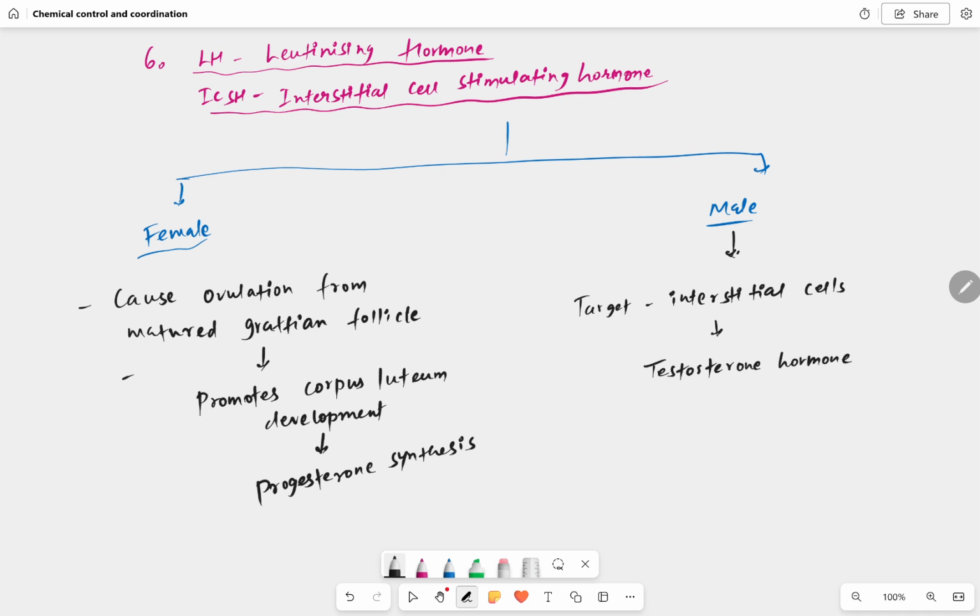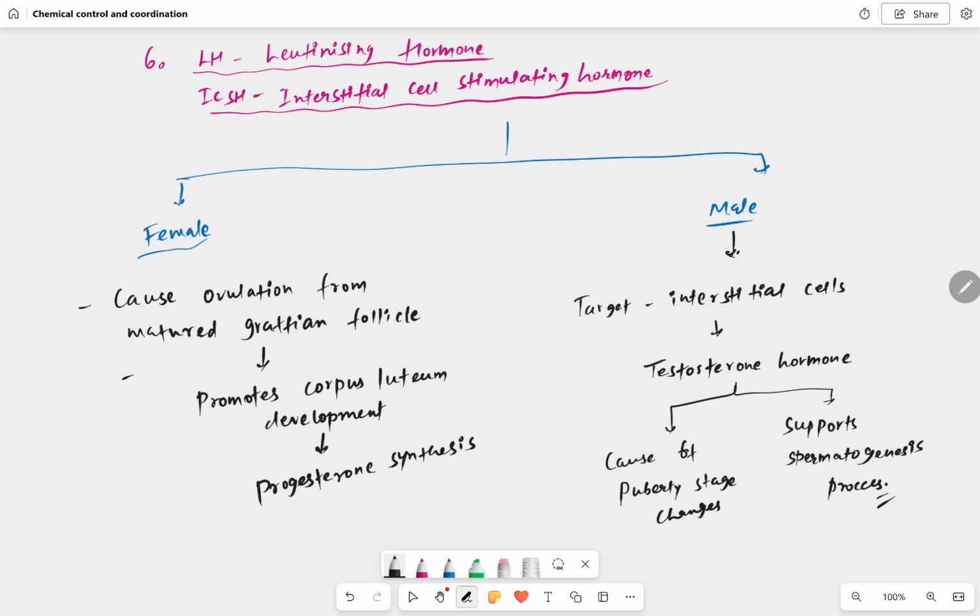And this testosterone hormone is the cause of puberty stage change, and also it supports the spermatogenesis process.